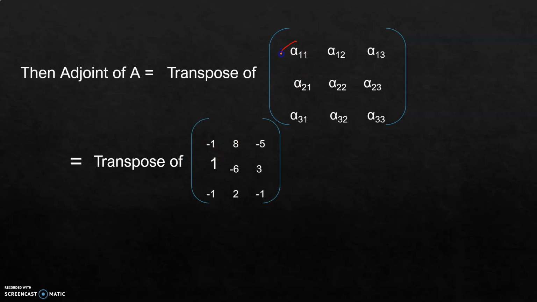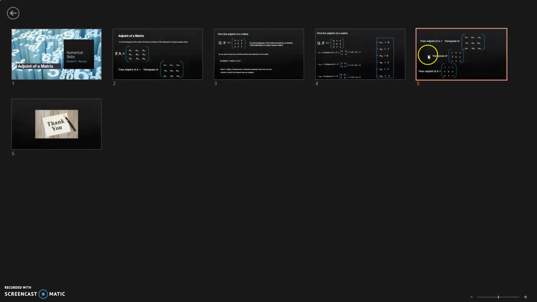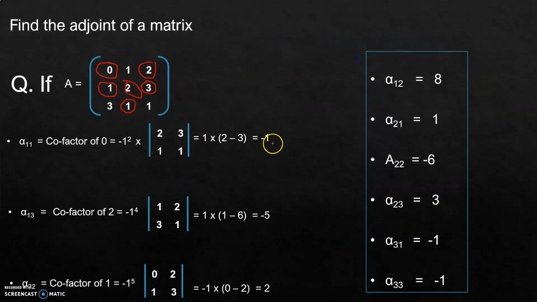The first cofactor is minus 1. Just check here, it is minus 1, a11. Then a12 is 8. Then a13 is minus 5. These are the first row items.